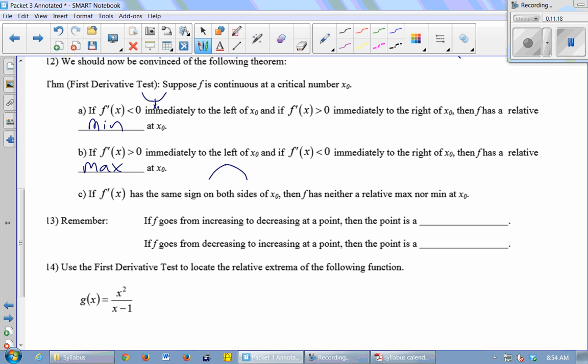And if f prime has the same sign on both sides of x naught, neither a relative min or a relative max. Because that just means it continues increasing or it continues decreasing. It doesn't turn around. So remember, if f goes from increasing to decreasing, then the point is a max. And decreasing to increasing, we have a min.